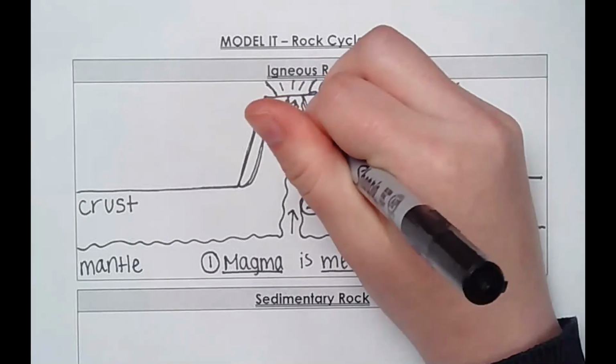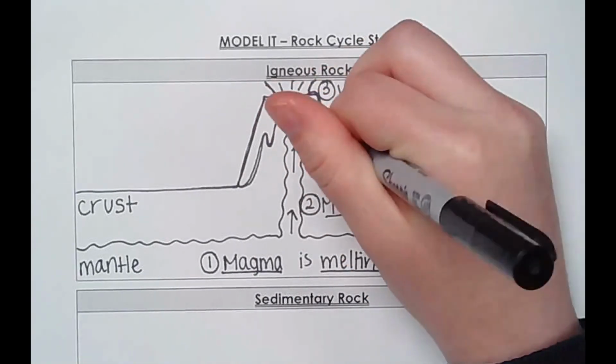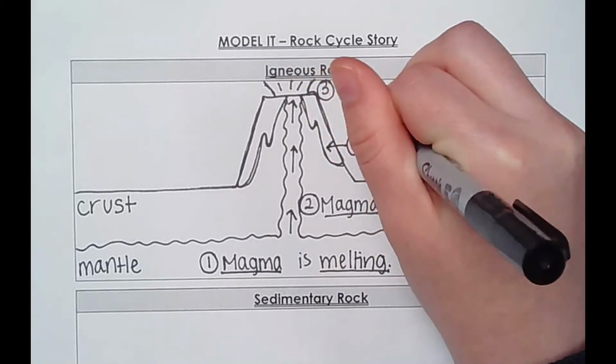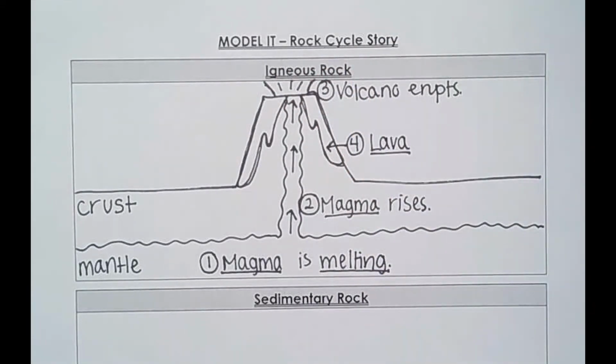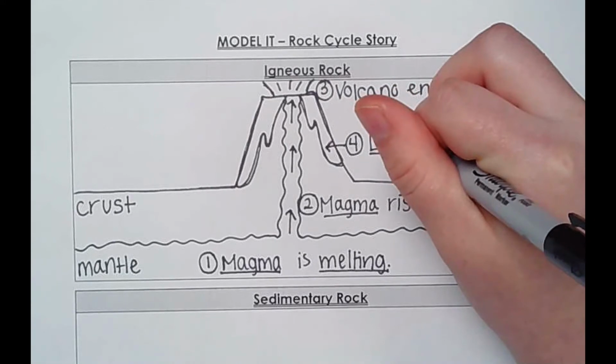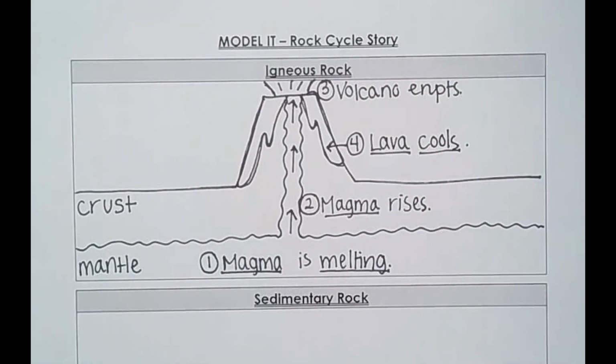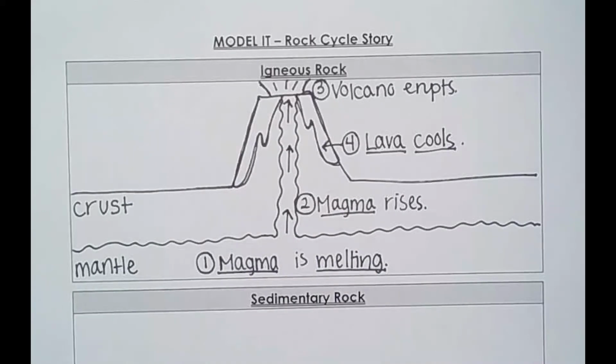So here, I'm going to put an arrow, and as my fourth step, I'm going to say the lava, there's another vocabulary word, the lava cools. Cooling, there's another one of my vocabulary words. And remember, magma's on the inside, but now that it's outside, the lava cools.